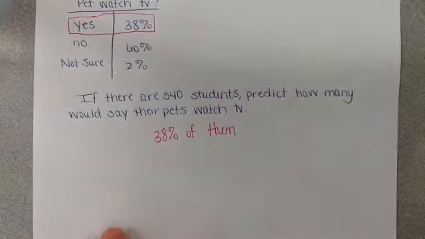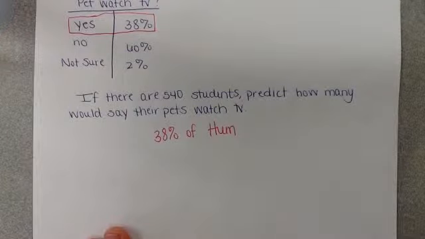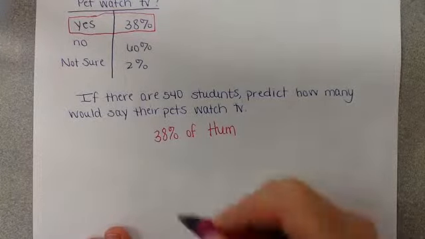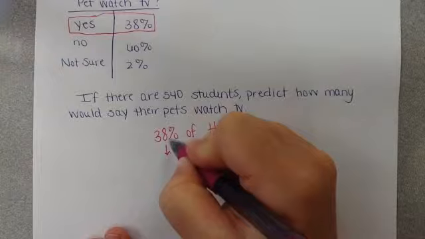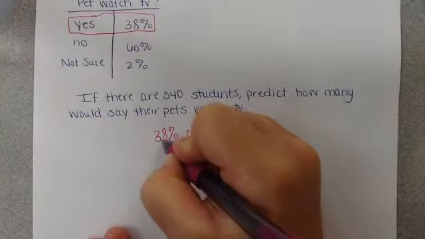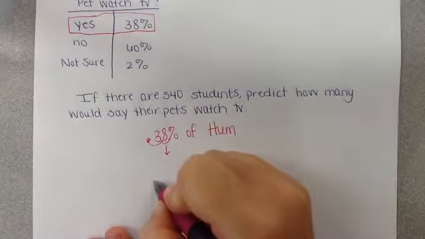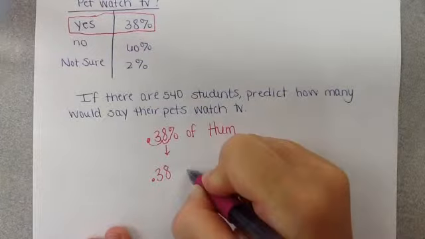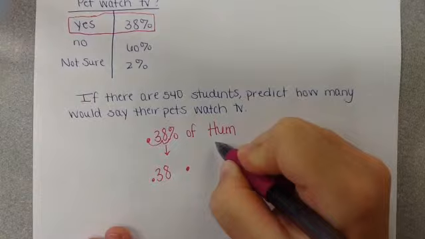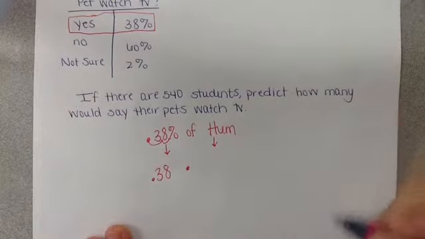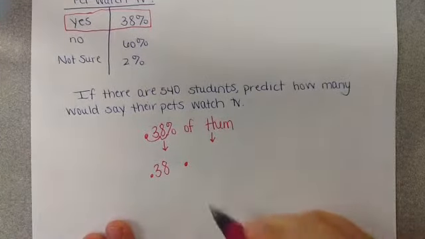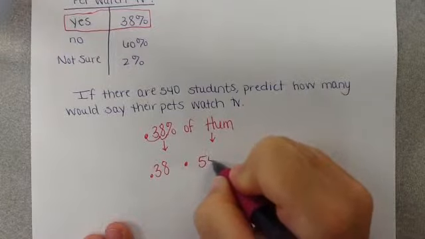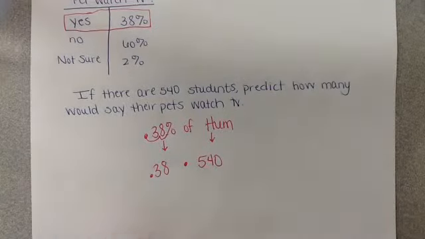said they think their pets watch TV. So that was our survey data. What do we do with 38%? Once, twice becomes 0.38. Of is times. And them is our new group. How many are in our new group? 540. 38% of the 540.